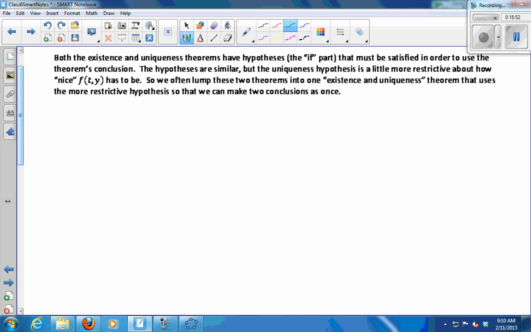And uniqueness says that the right-hand side has to be continuous, and so does its partial with respect to y. So often we lump these two theorems together into one theorem, and we just use the more restrictive hypothesis. We say if the right-hand side is continuous and so is its partial with respect to y, then there is a solution and it is unique. So we can make both conclusions at once if we have both restrictions.